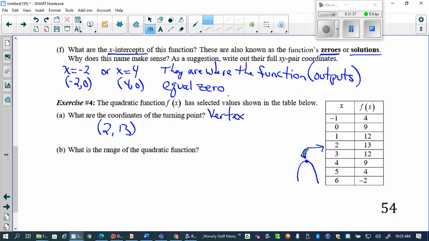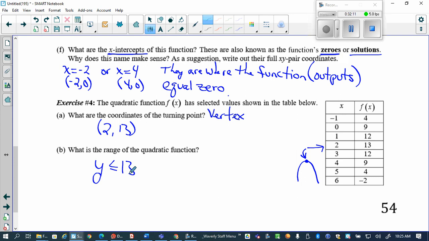So instead of the range being greater than or equal to something, it's going to be less than or equal to what? I'd say 13, because look on both sides of 13. 13 is the highest value, and the numbers on both sides go down. So up here's your 13, and then it's going down equally on both sides. Symmetrical.